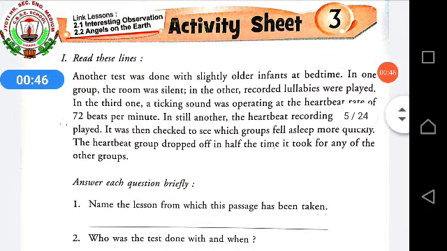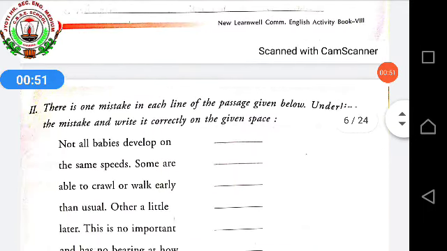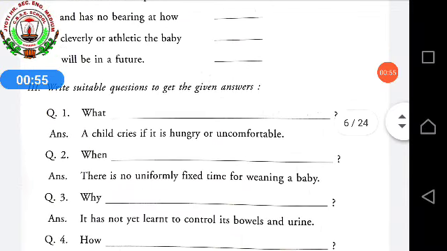Then we have done the passage. After that, we did underline the mistake and write the correct ones. Then I told you how to make suitable questions, because the answers are already given and the starting of the question is also given.